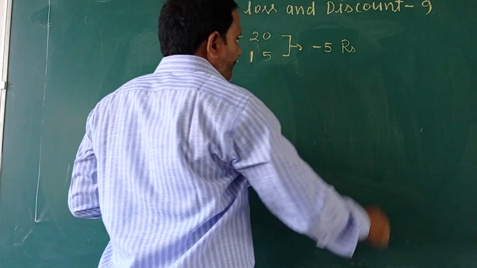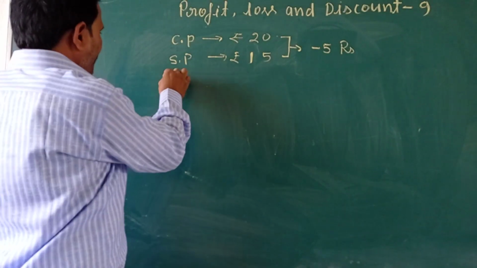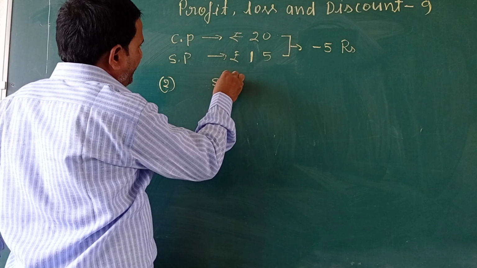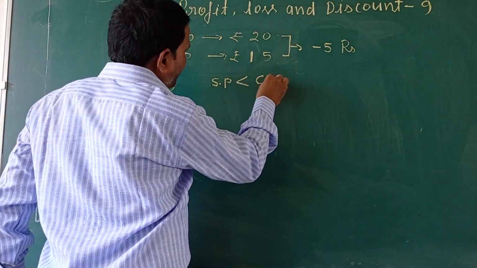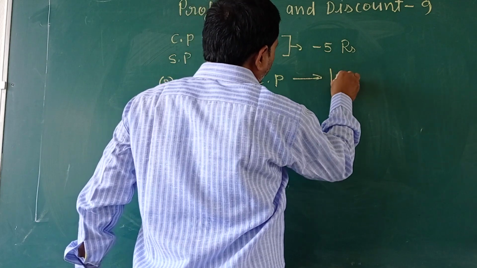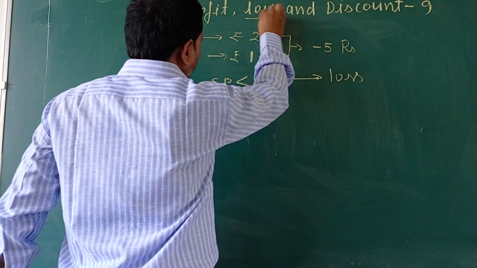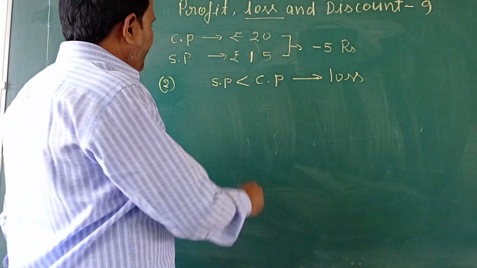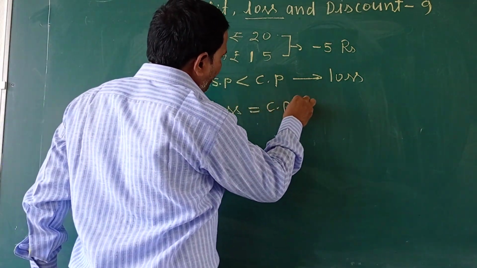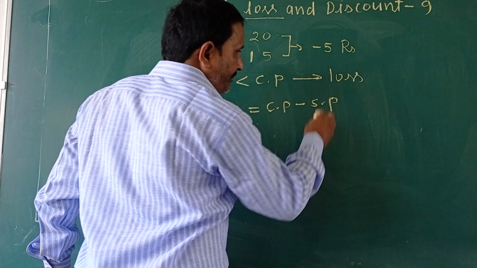It means, second point, if SP is less than CP, then you will be in loss. Then loss is equal to CP minus SP.